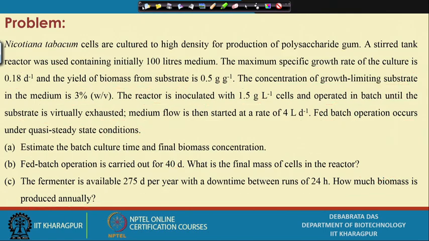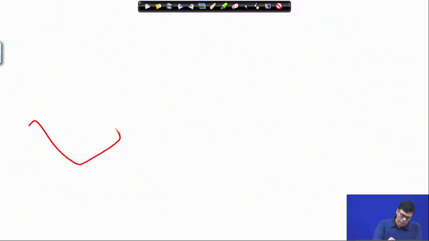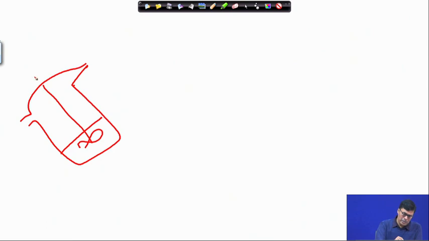I consider this a very interesting problem, and let me explain what it is telling us. In a fed batch reactor, you take the initial culture, this is the batch mode. You take the media, take the cells here, and let this organism grow in the batch mode, and you operate the system until the whole substrate is exhausted.